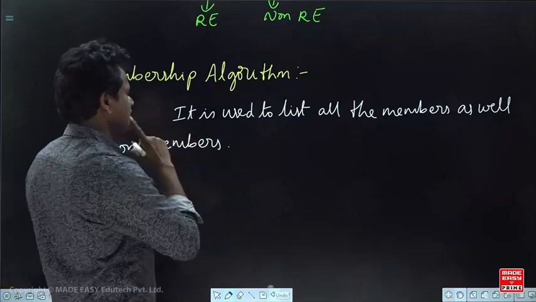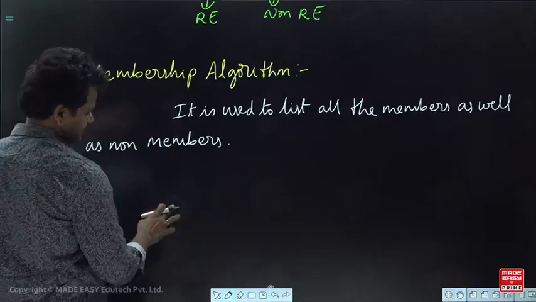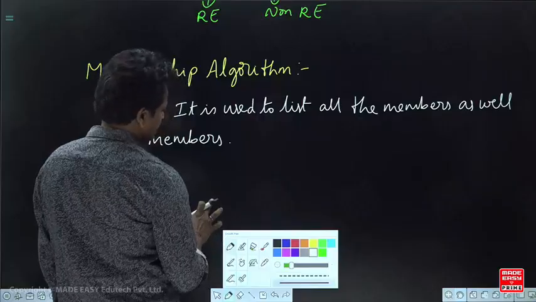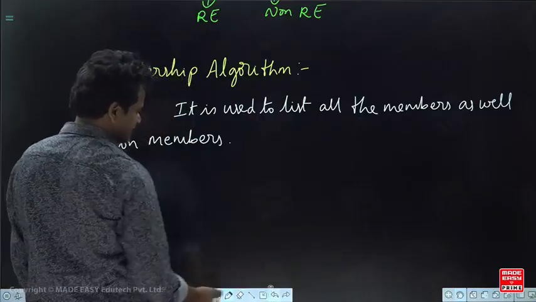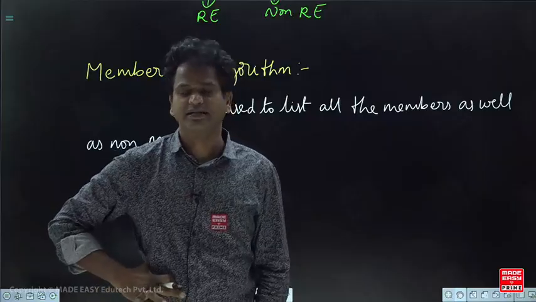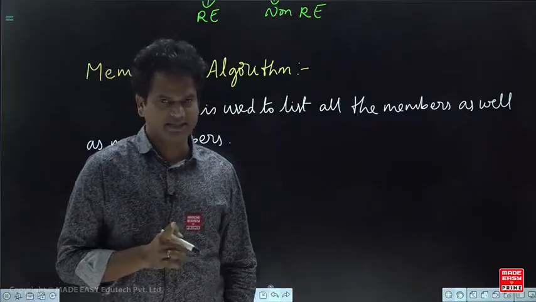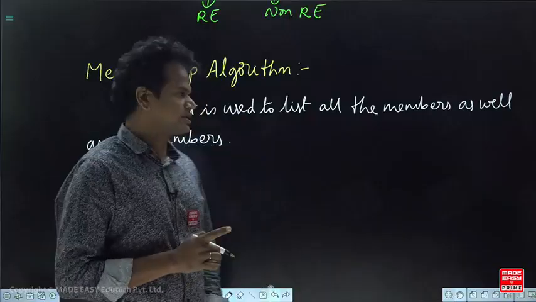So actually undecidable languages, they don't have membership algorithm. Undecidable language means what? REL. REL don't have membership algorithm. Only REC will have membership algorithm.